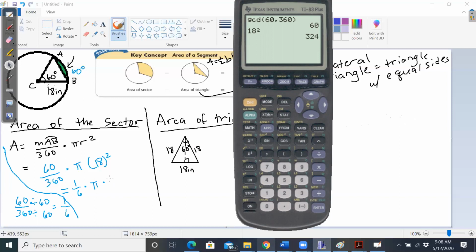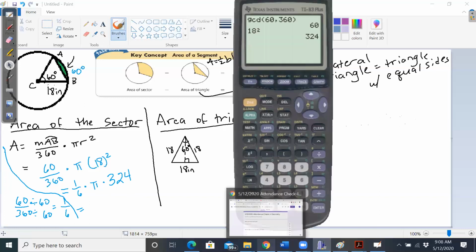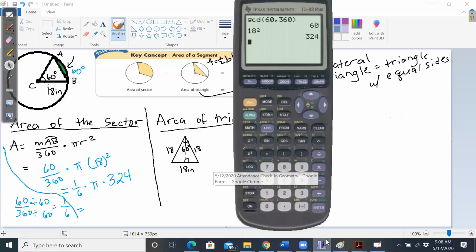We just want to multiply all these things together. So we have 1 divided by 6, in parentheses, times pi times 324, and you're going to get this answer.